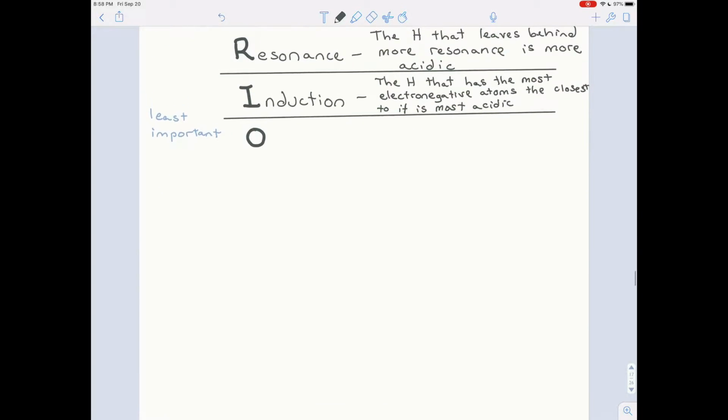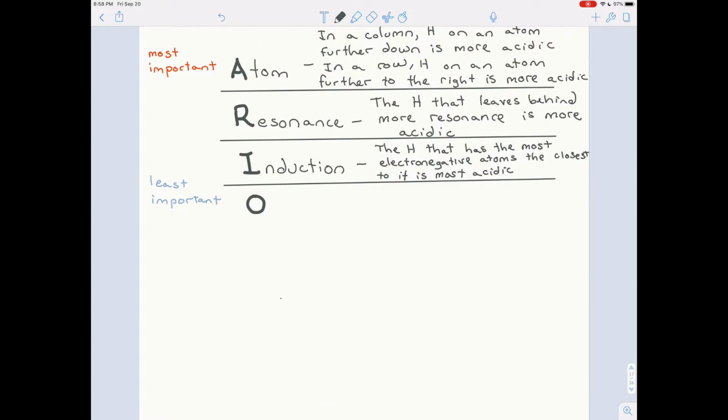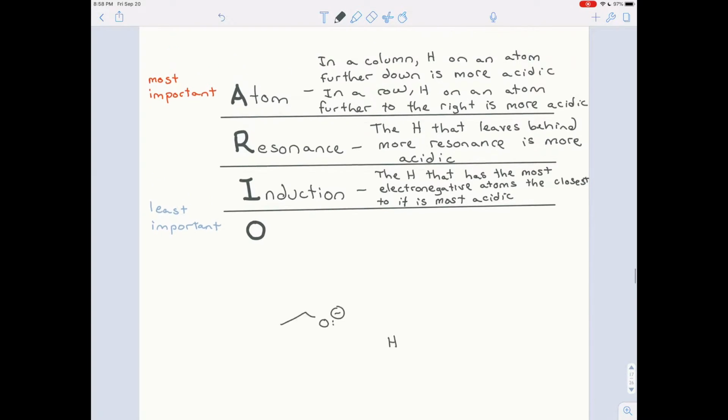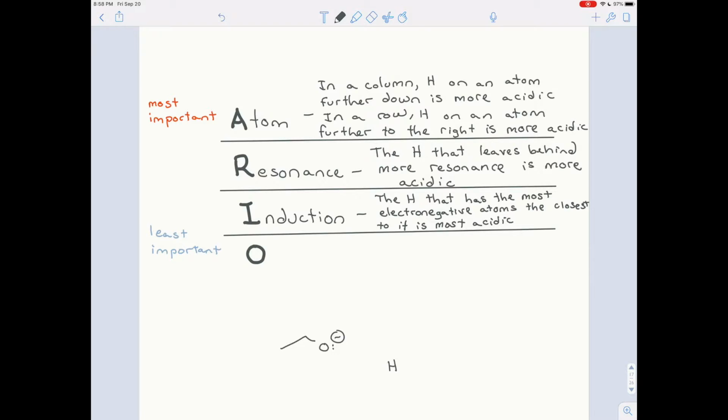So for example, let's say you had this molecule here. This is drinking alcohol. There's this hydrogen here that can come off because it's on an oxygen, which is electronegative, so it can take the electrons in that bond, which would then be a lone pair with a negative charge, and it can stabilize it a little bit with its electronegativity.